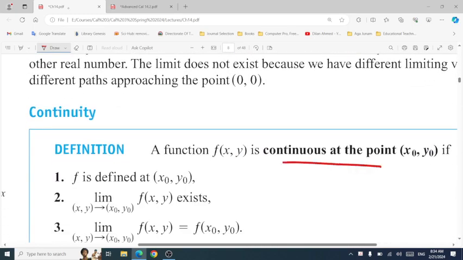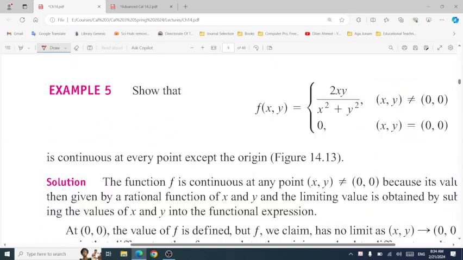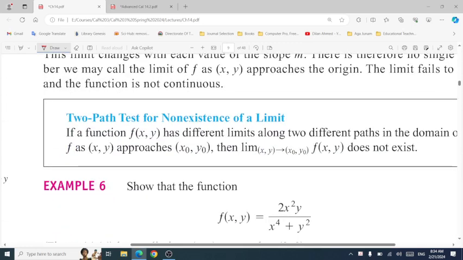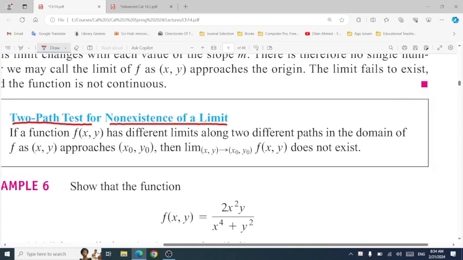Here's the definition; forget about this one, later on I'm going back to this. Two-path test, TPT, is for non-existence of a limit. You know there's a limit, there is no way to find it by conjugate or multiplying or letting. Then you have the two-path test, which is used for showing a limit does not exist.